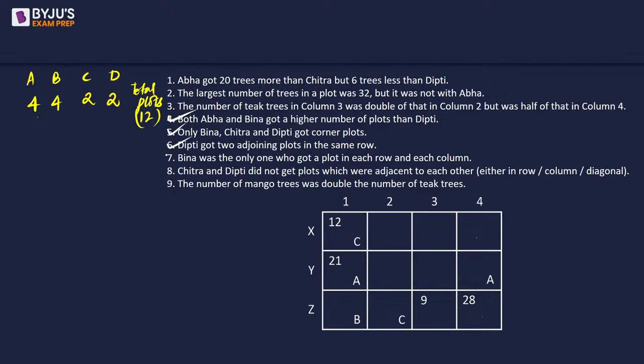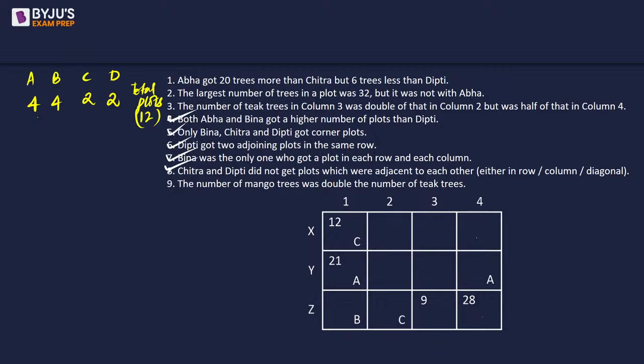Bina was the only one who got a plot in each row and each column. So Bina has got a plot here, in the Z row and first column. Eighth, Chitra and Dipti did not get plots which were adjacent to each other.